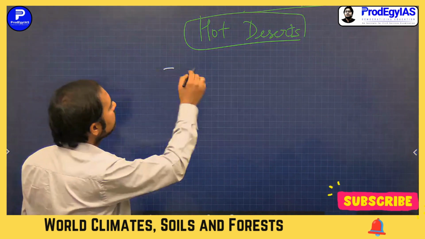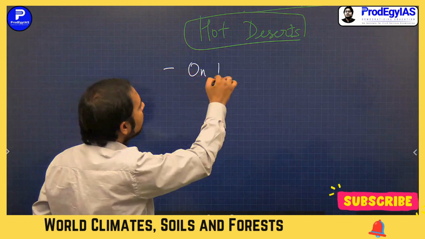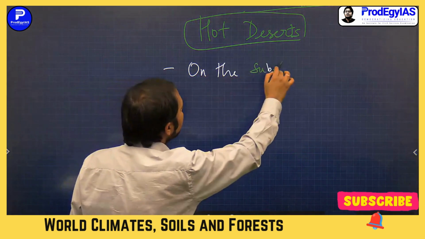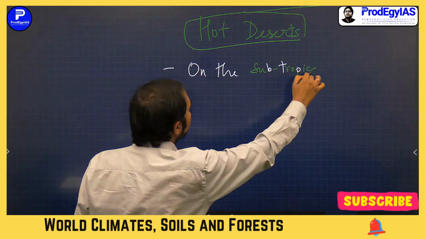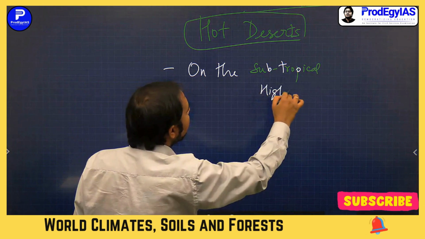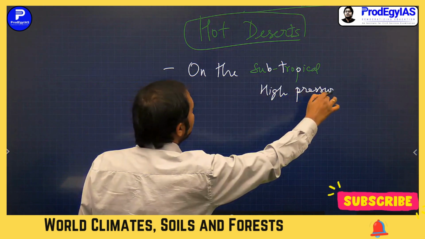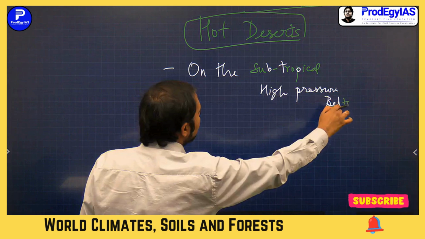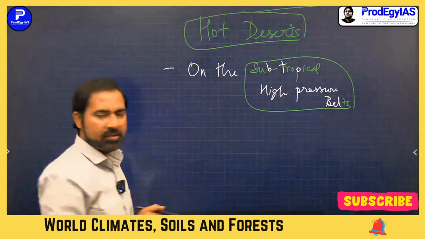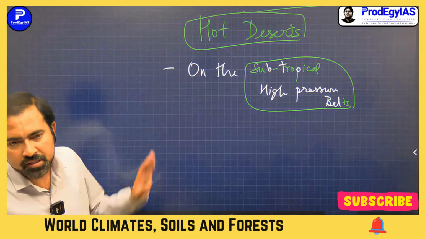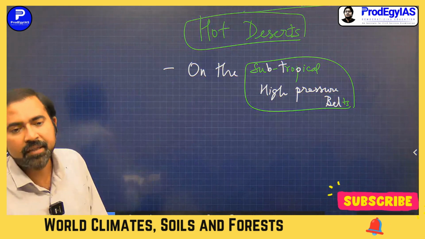Their location is on the subtropical high pressure belts. So I have already discussed that. What is its feature? How did such types of hot deserts originate?